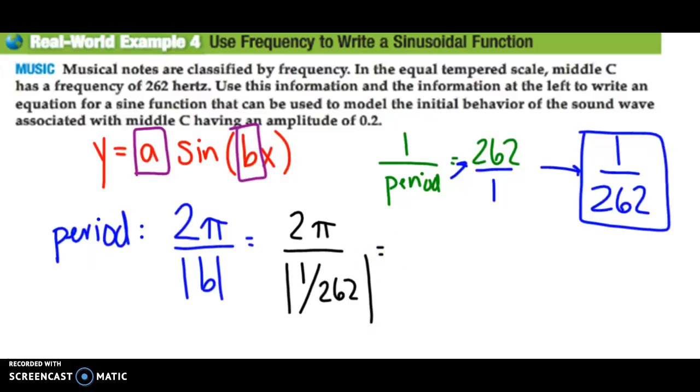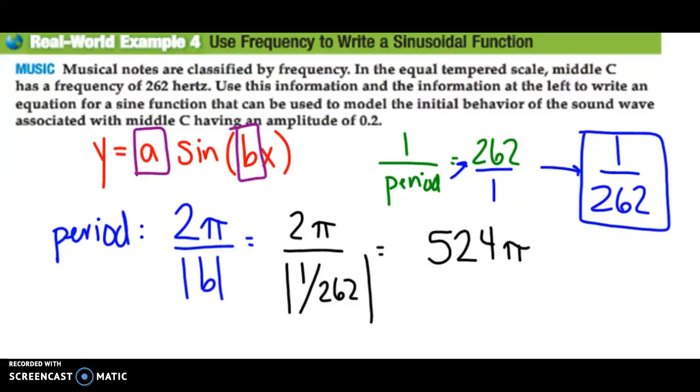Simplifying, remember when you're dividing by a fraction, you multiply by the reciprocal, you end up getting 524 pi. So that is my period.